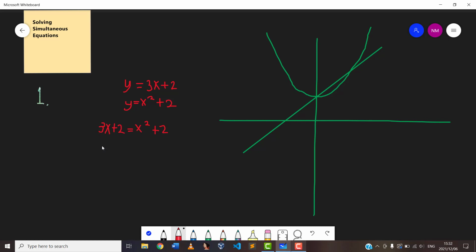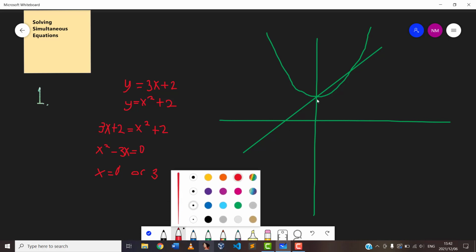So standard quadratic, you'd move everything to one side. So x squared minus 3x equals 0. And x would just be equal to 0 or 3. To find the y coordinate now, you can sub back the 0 or the 3 into either one of these and work out the value for y.